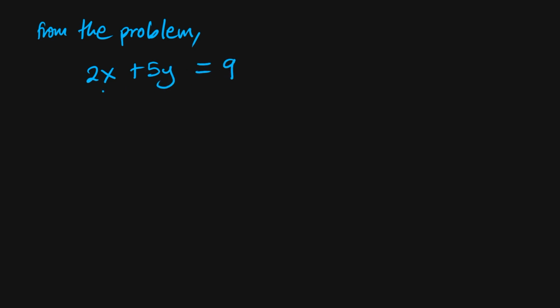Okay, let's try to apply this knowledge in solving the given problem. From the problem, we were given 2x plus 5y equals 9 and 2x plus 3y equals 7, and we were required to determine the value of x and the value of y using Cramer's rule.